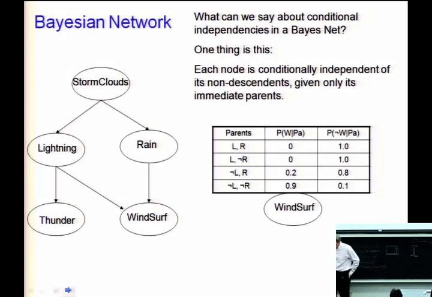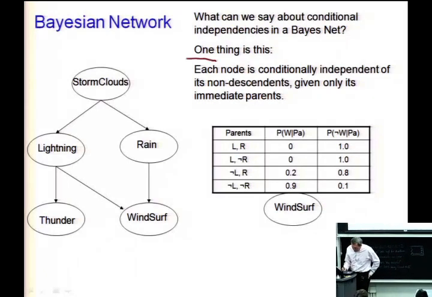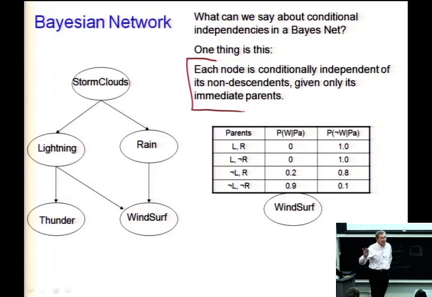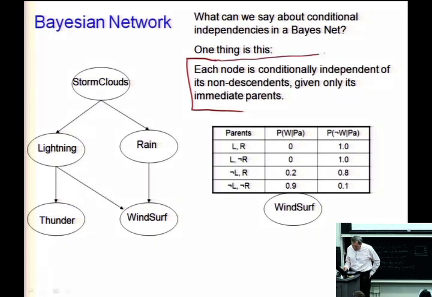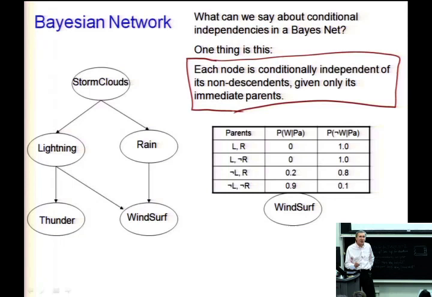Here's one easy to remember thing that we can say, although it's not the only thing, as we'll see on Thursday. Whenever you have a directed Bayes net, each node is conditionally independent of its non-descendants given its immediate parents.